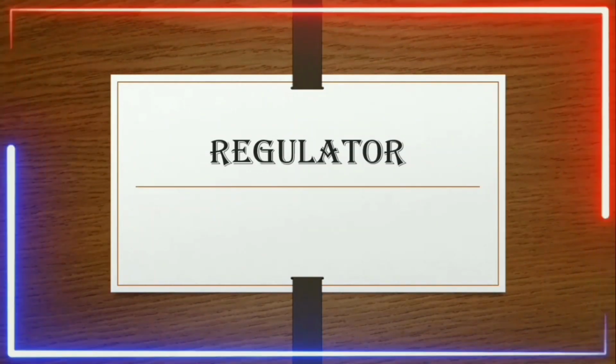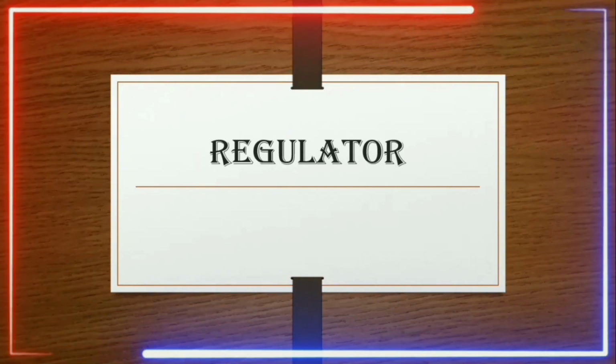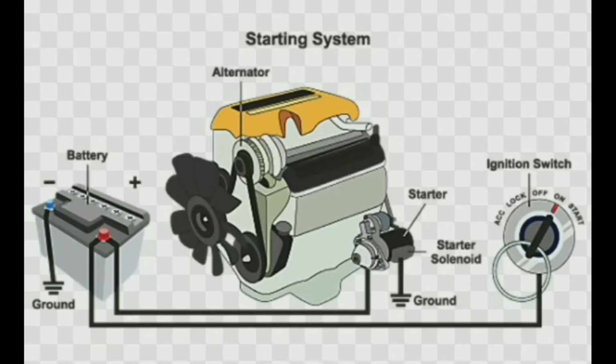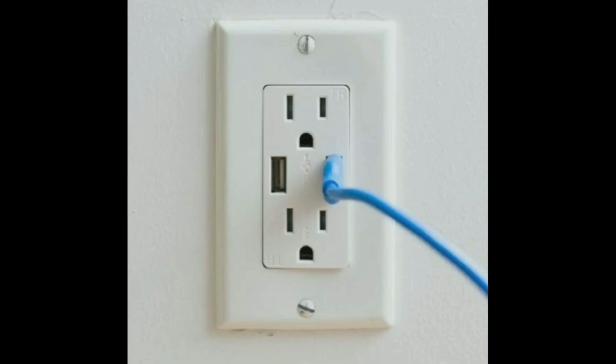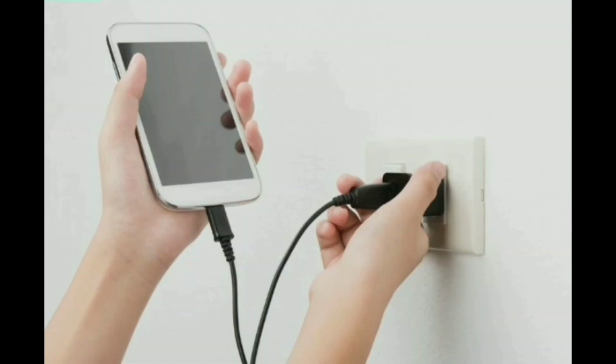The fourth block of a power supply is the voltage regulator. The battery in your car that gets charged from the alternator, the outlet in your home that provides all the electricity you desire, the cell phone you likely keep on hand every minute of the day, they all require a specific voltage in order to function.